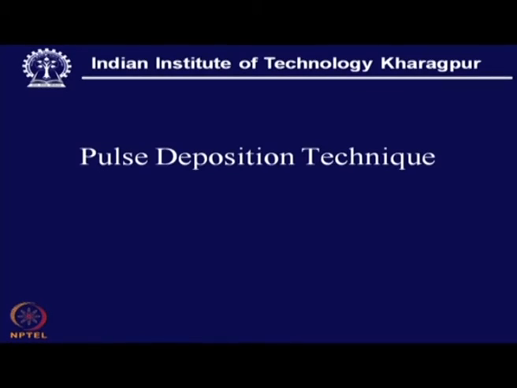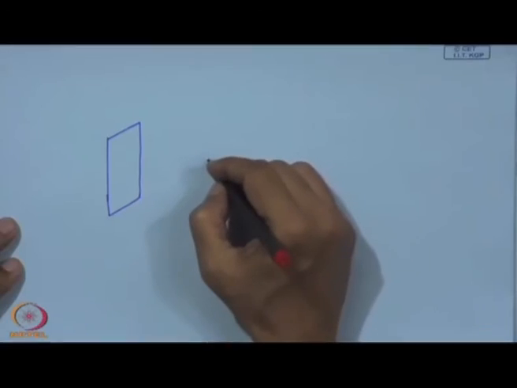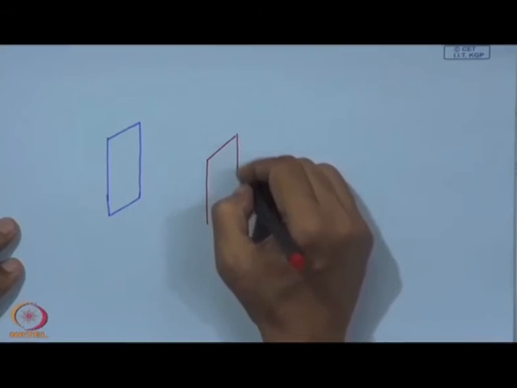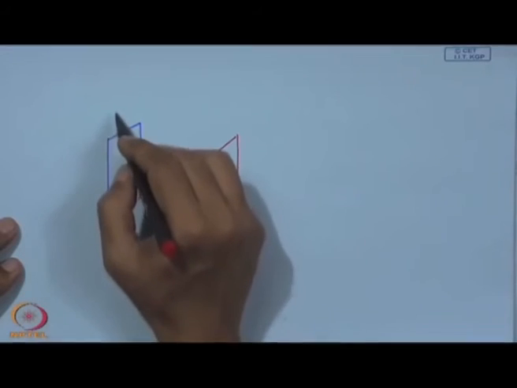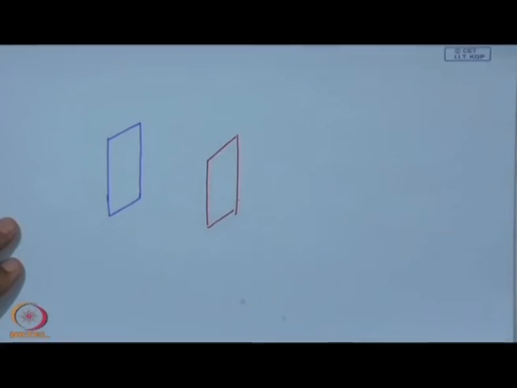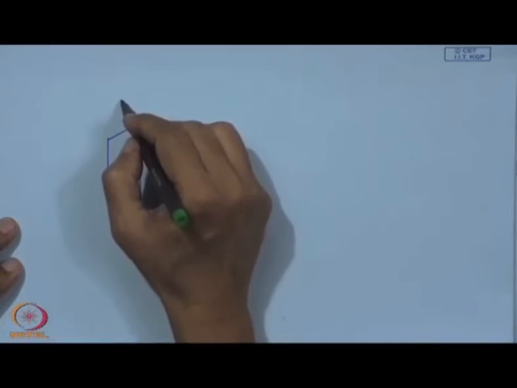Now, a very interesting and important thing that we call the pulse deposition technique. So, what is this pulse deposition technique? If we have seen electroplating, say this is the cathode and here we have one anode, and the whole thing is put inside an electrolytic tank.